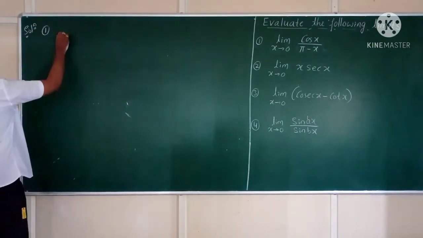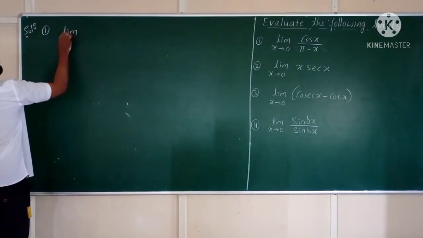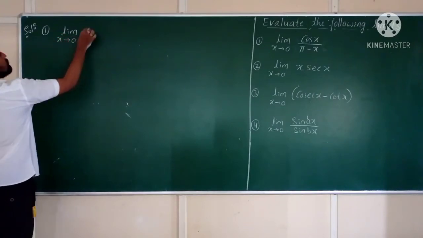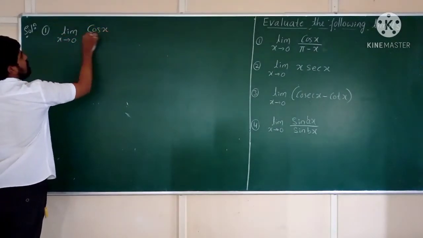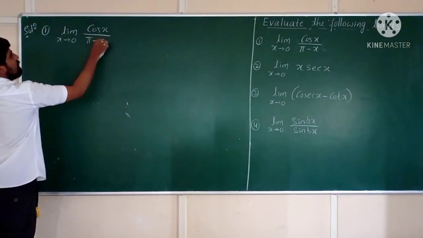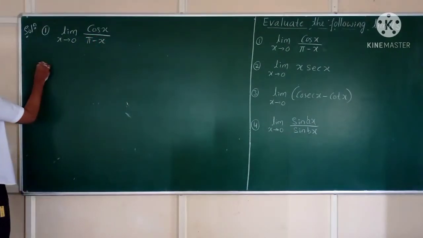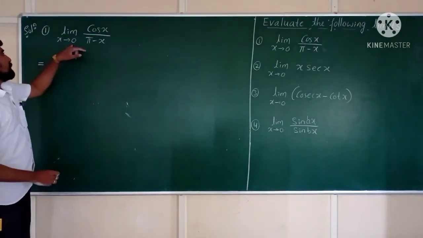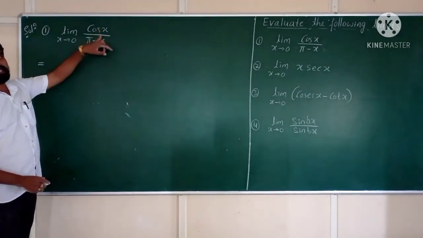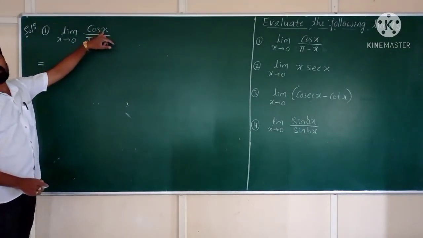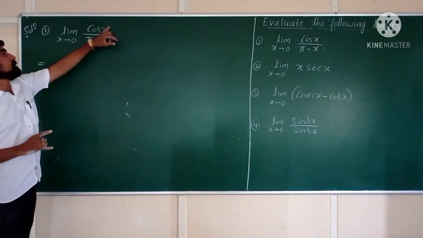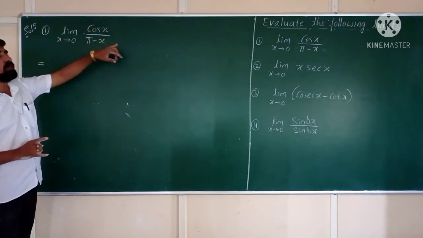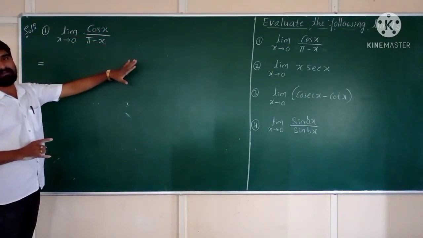So here it is given limit x tends to 0 cos x divided by pi minus x. If I substitute x equals 0 in this function, the value of cos 0 is 1. It means this function is not in the form of 0 by 0 or infinite by infinite form.